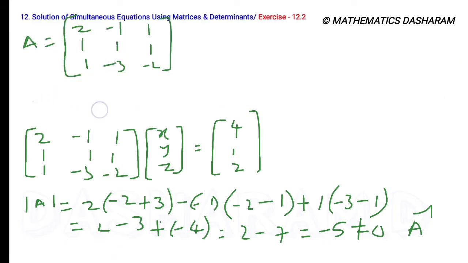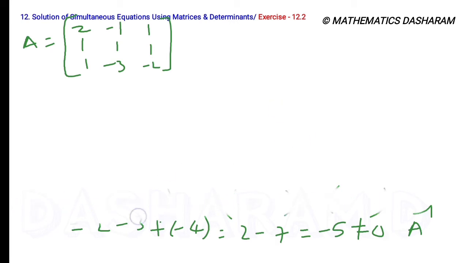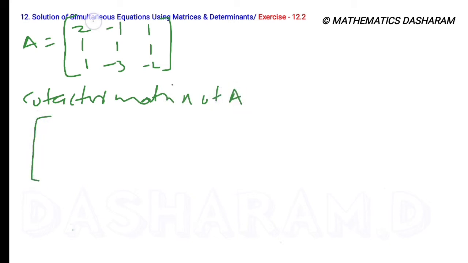So let us find out the cofactor matrix of A. Cofactor matrix of A equals: replace the first row first column element with the determinant of the remaining elements. So here, find the determinant of these elements.